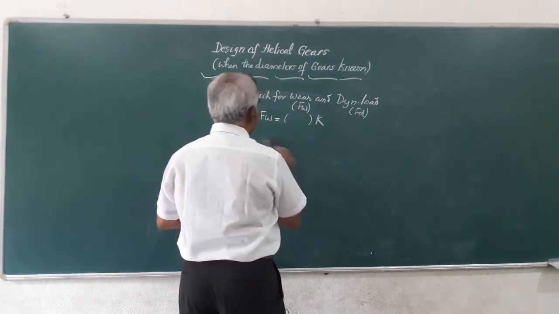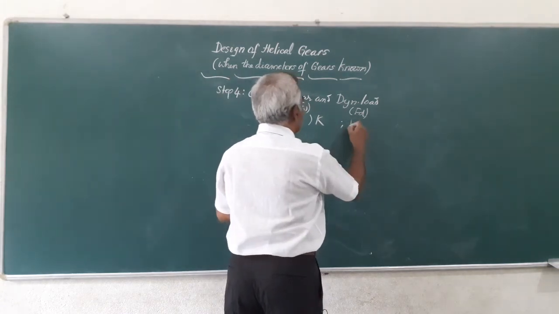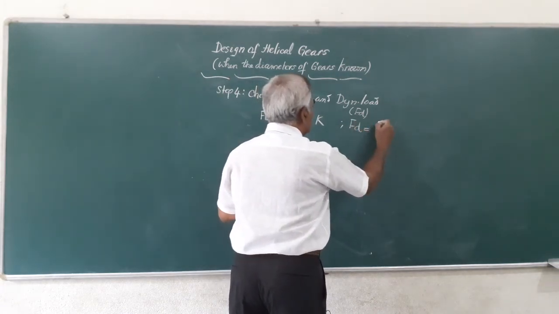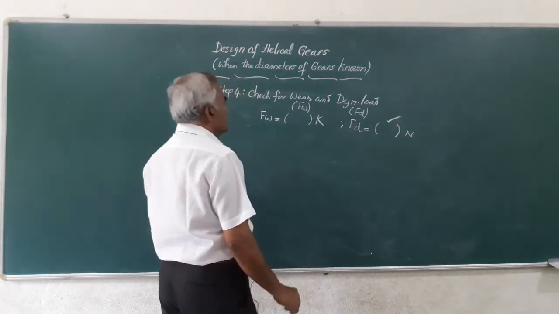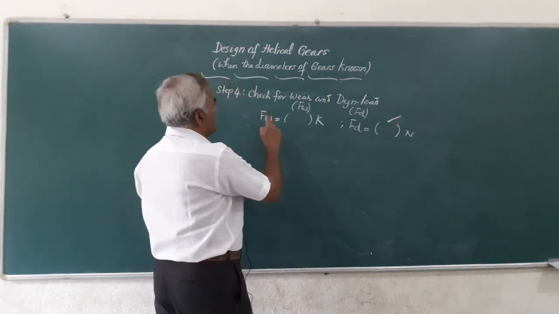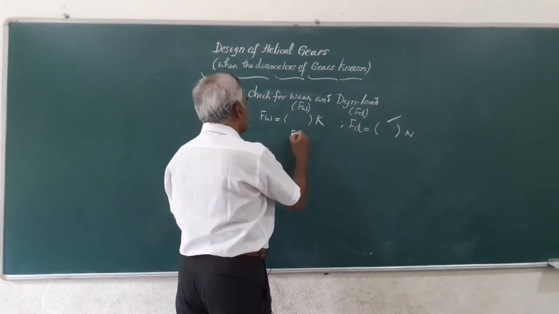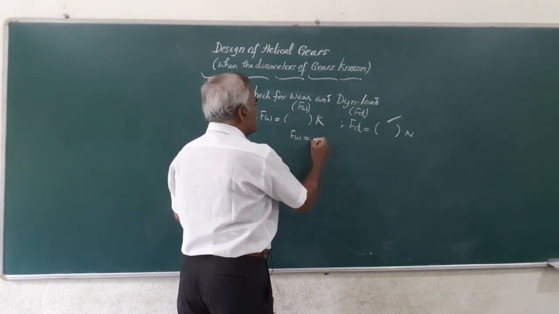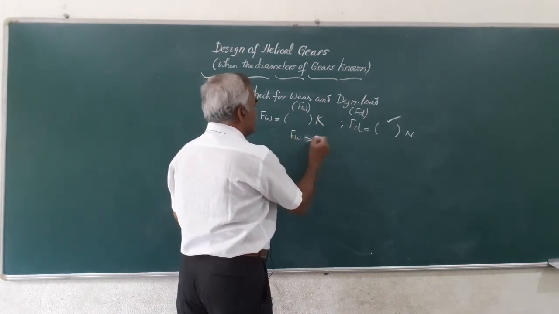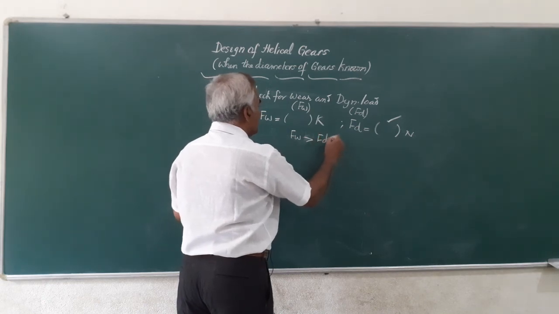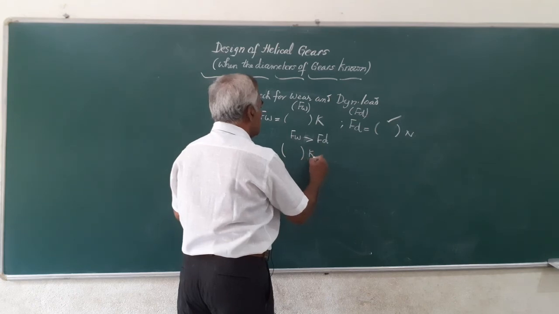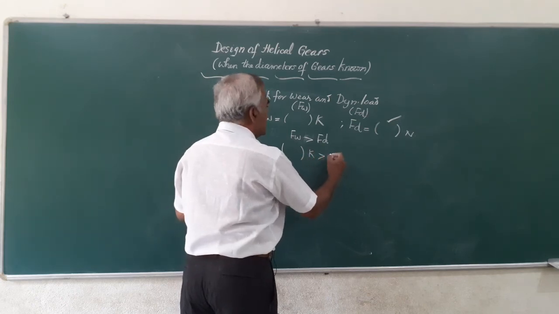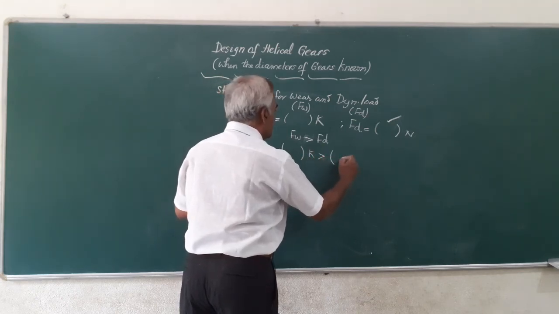So, I am going to get the value of Fd equal to some numerical value which is known, so many newton. So, friends, now it says Fw should be greater than Fd. So, here Fw is in terms of K, which is equal or greater than Fd, we know the value.